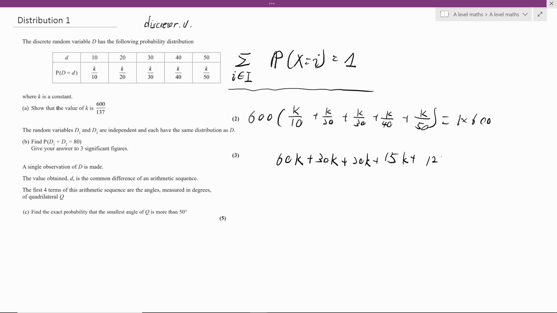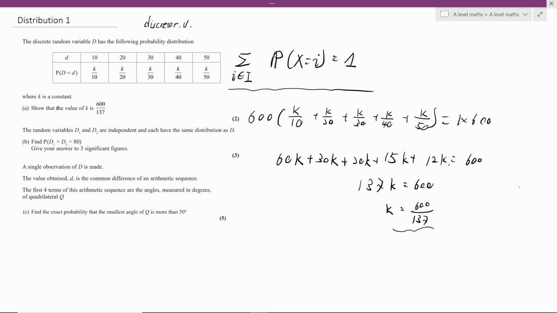And plus 12k, equal to 600. Summing all those together, we have 90, 110, 125, 137. Yes, 137k is 600. So k is 600 over 137 as required.